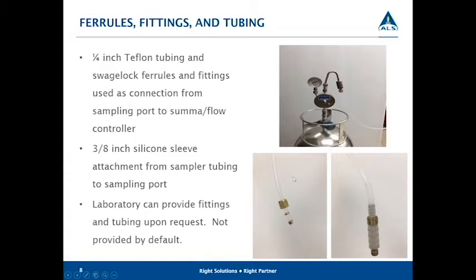So here you see our Teflon tubing with the ferrule and fitting, and here is the silicone sleeve that is going from the canister tubing down to the sampling port. In this instance, the sampling port is a vapor pin.